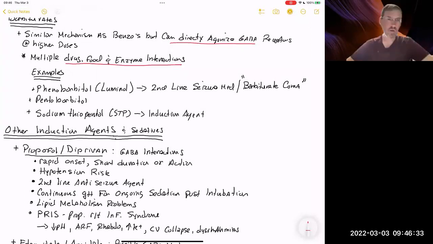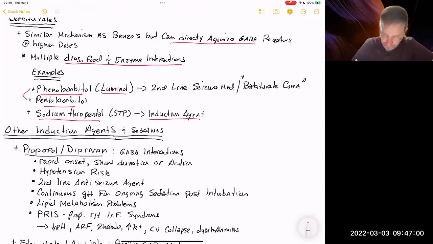So common examples of barbiturates include phenobarbital, also known as Luminal, pentobarbital, and something referred to as sodium thiopental, or STP. Sodium thiopental is used exclusively as an induction agent. It's a very rapid acting, short duration of action agent.